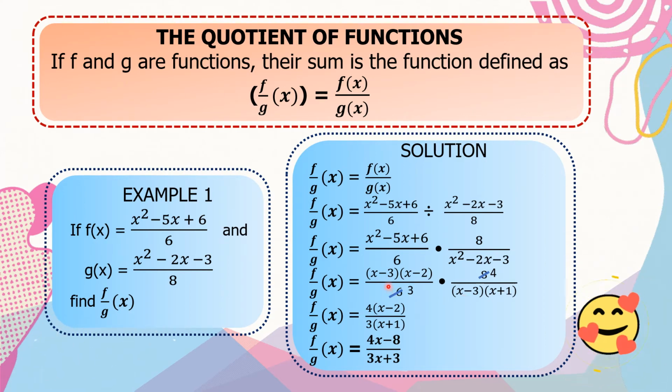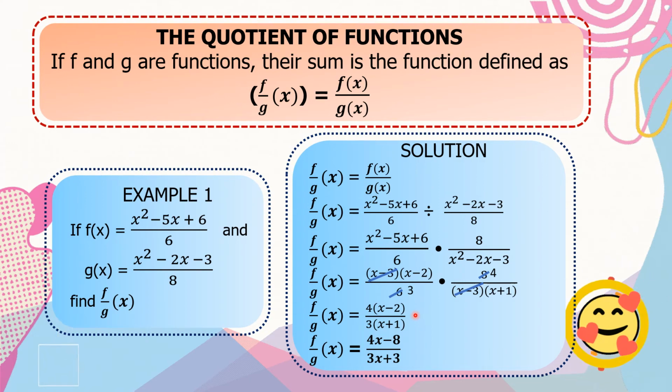So, cancel natin yung x minus 3, then x minus 3 sa denominator. So, check natin kung meron pa, wala na. So, ang natira na lamang sa numerator na ita-times natin ay x minus 2 times 4. So, we have now 4 times x minus 2 over, sa denominator naman, 3 times x plus 1.